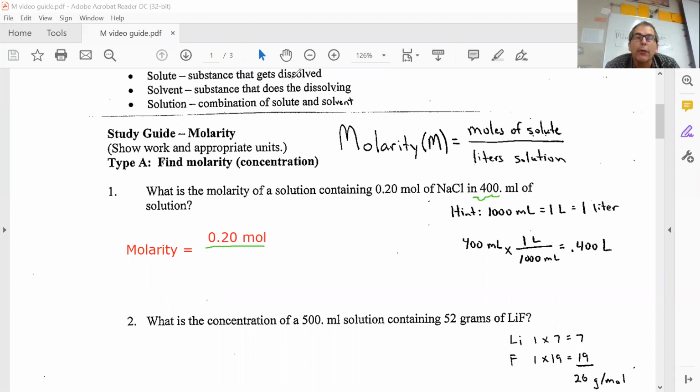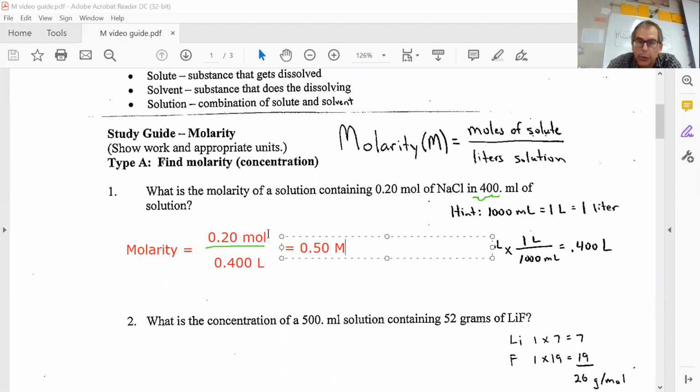So I'm going to call this 0.400 liters. I put that in my calculator, 0.2 divided by 0.4, and that's going to equal 0.50, and I'm going to put a big M for molarity. So that's how many moles there would be per 1 liter.